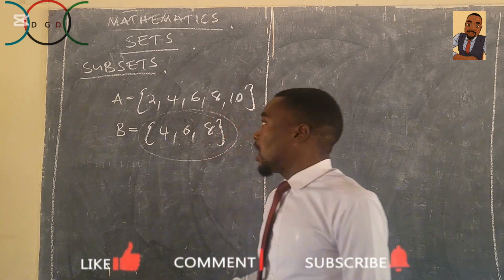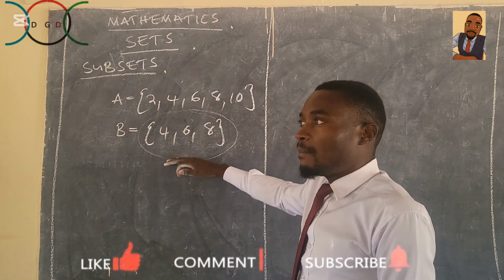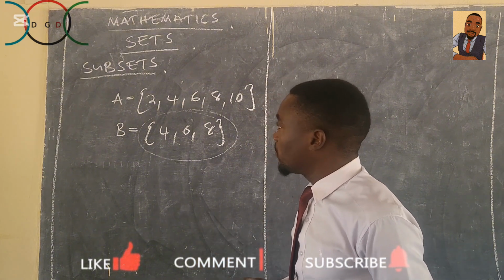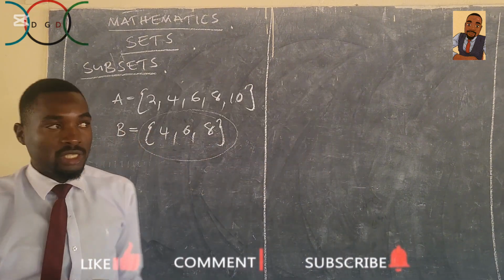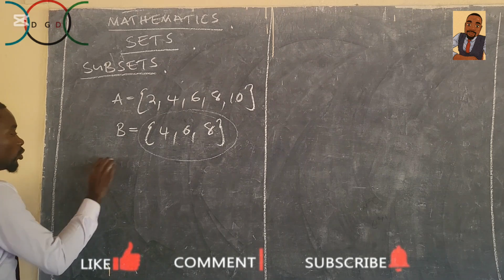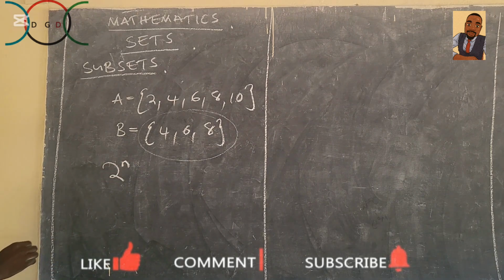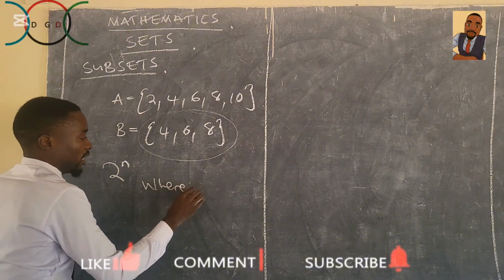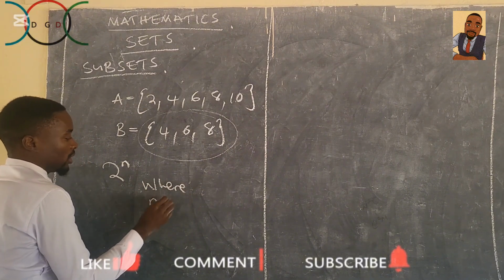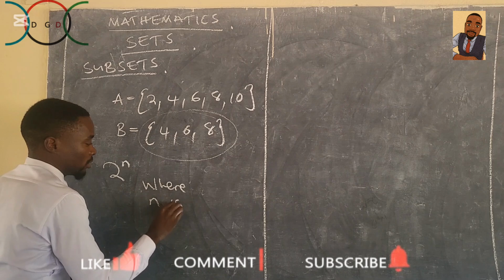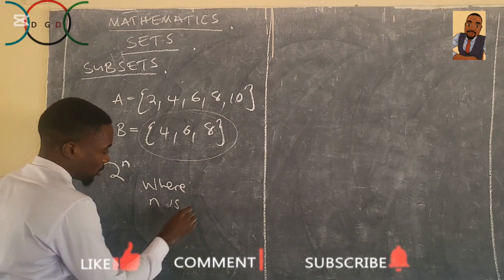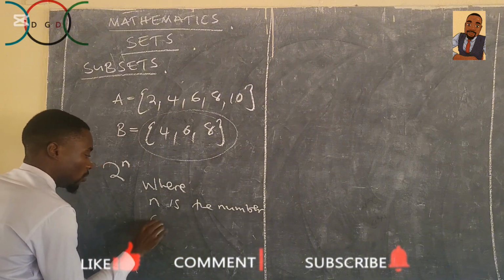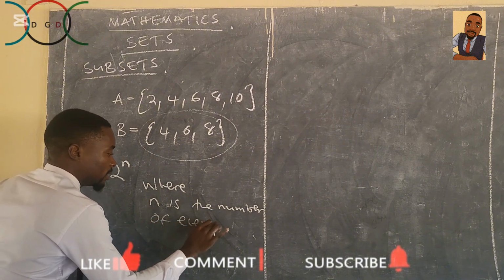But now, how do we find the number of subsets in a given set? So to find the number of subsets in a given set, we use the formula 2 to the power n, where we know to say n is the number of elements.